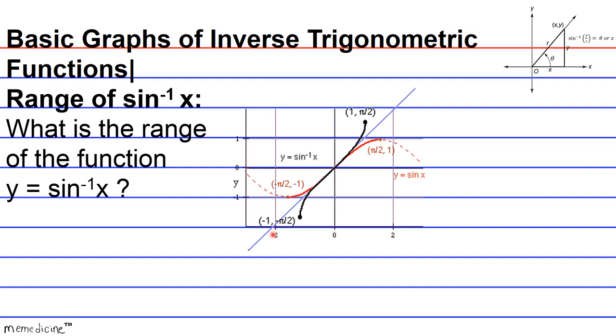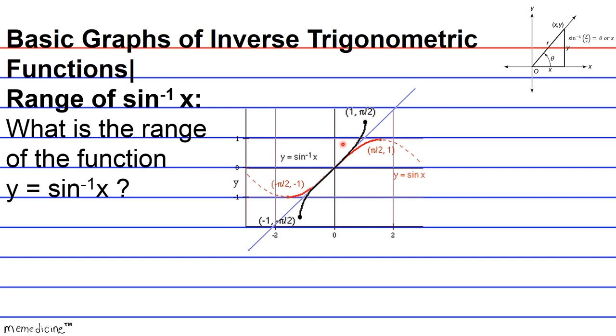So notice here that pi over 2, which is the original extent of the domain of y equals sine of x, becomes the initial point for the range of y equals the inverse sine of x, and vice versa. Basically, you're just switching the domain and range, or the x and y values.